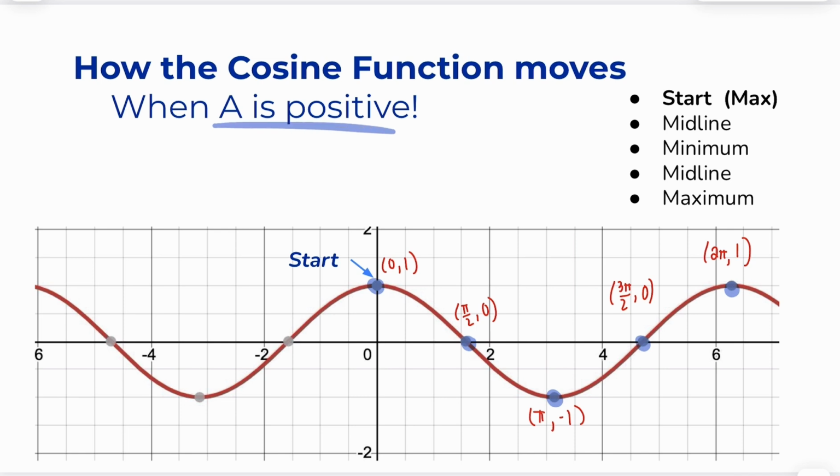If A is negative, it is a reflection. And that means it starts down.